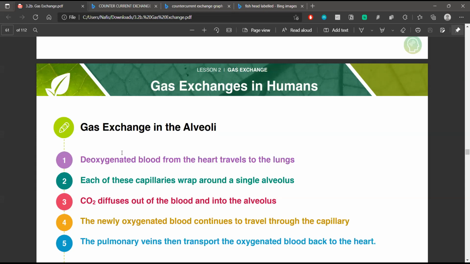Perfect. Covered in capillaries to create a steep diffusion gradient, but it also helps shorten the diffusion distance.